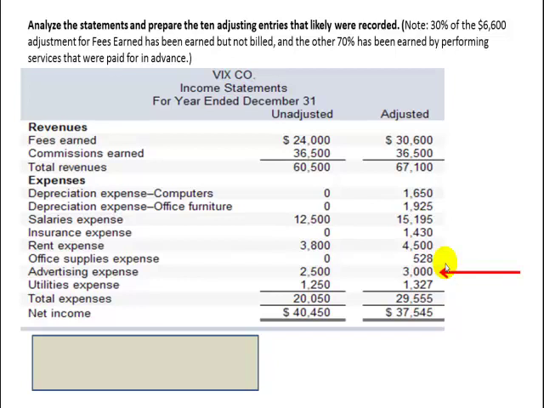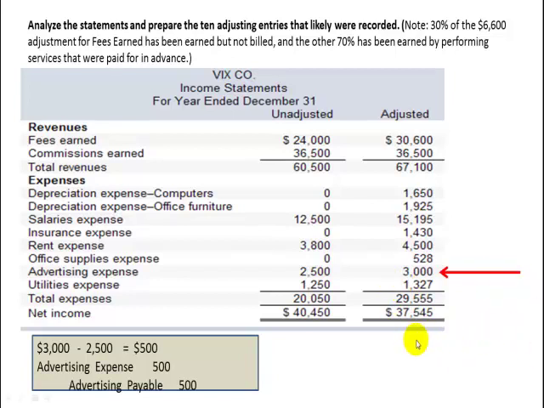Then we have a difference of $500 between the unadjusted and adjusted amount for advertising expense. So we'll have an advertising expense debit for $500 and a credit to advertising payable for $500, and that takes care of that difference.